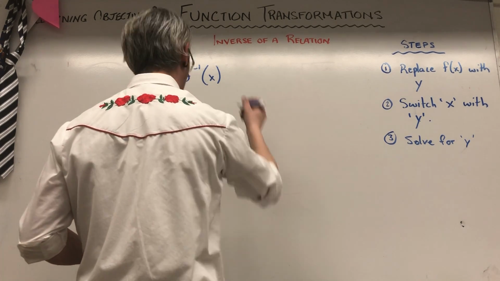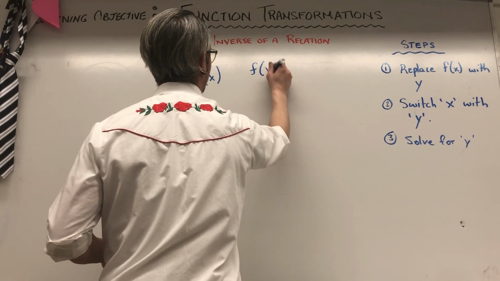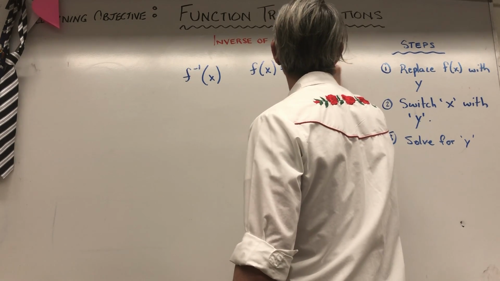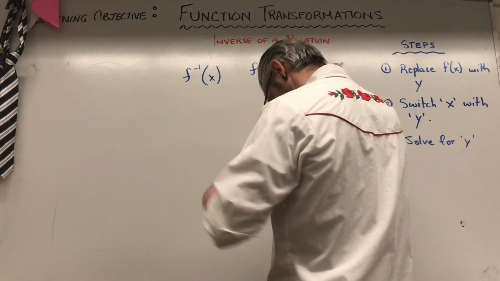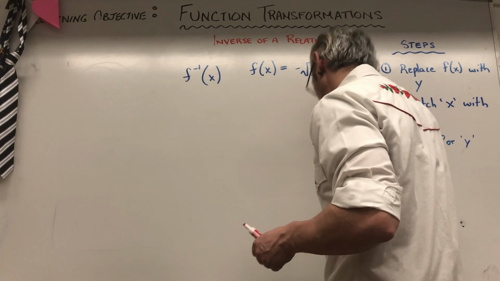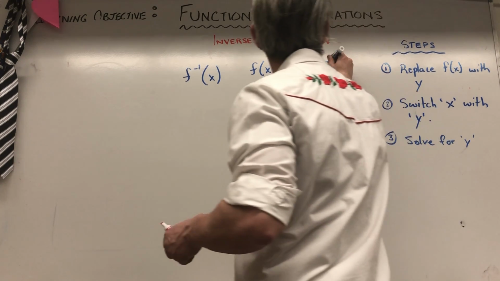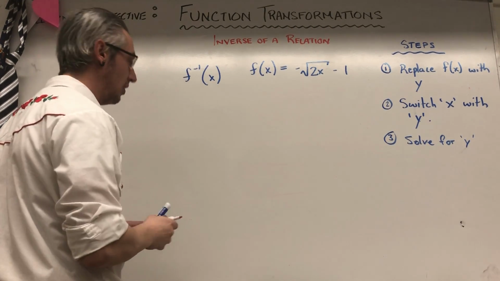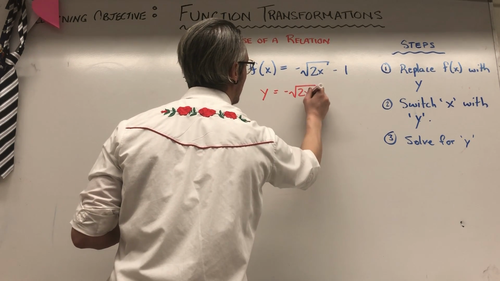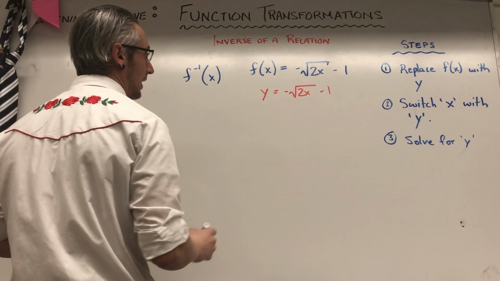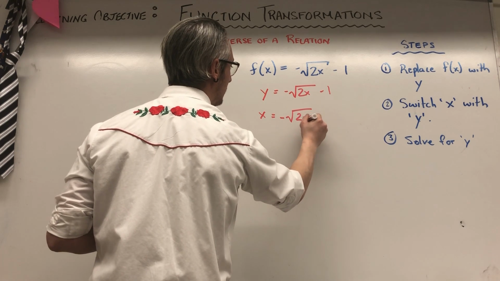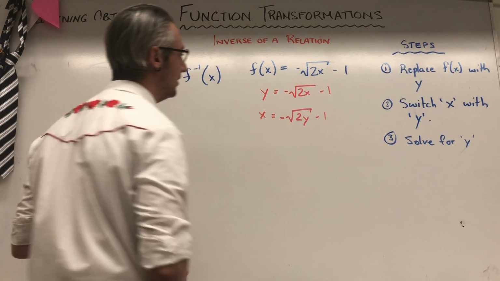So we'll say that f of x is equal to negative the square root of 2x minus 1. Okay, step 1. We're going to replace f of x with y. Now I'm going to do the old switcheroo.